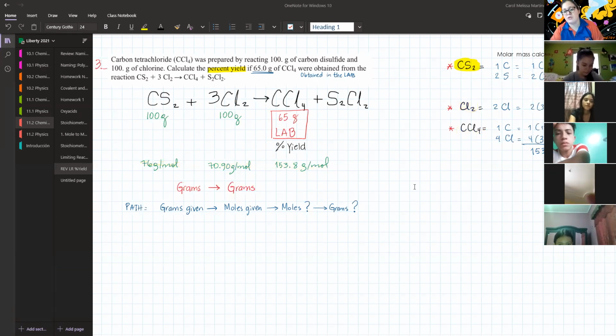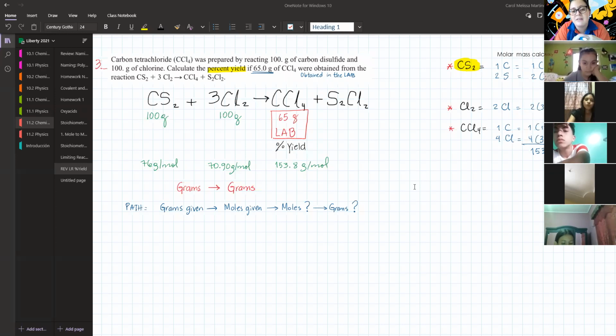Because I don't know which one is the limiting reactant, I have to get it. Now, what tells you the limiting reactant? There's an indicator to know the limiting reactant. Take a look. Here, the two givens are the same amount of mass.